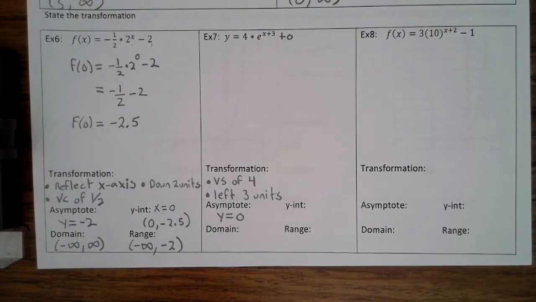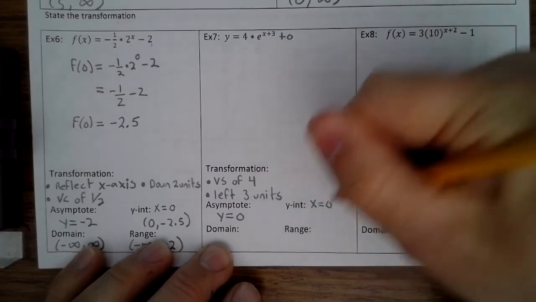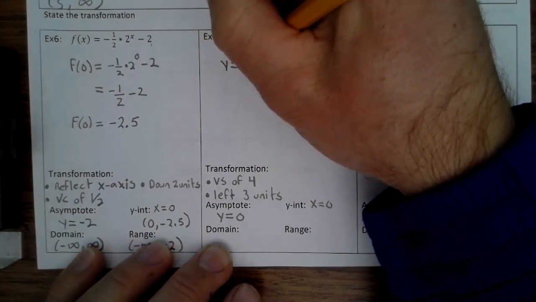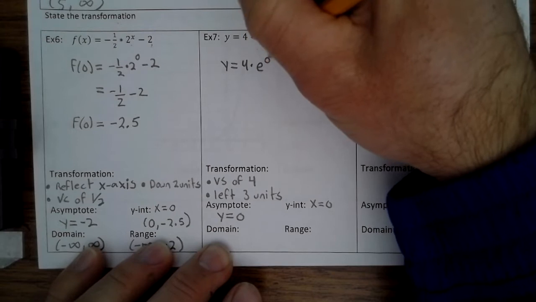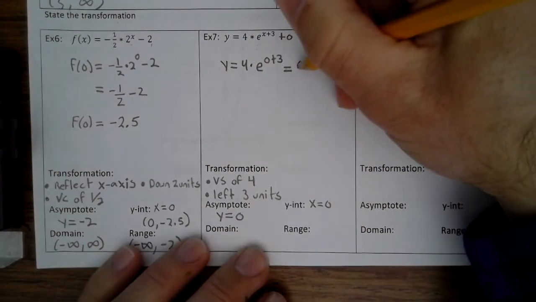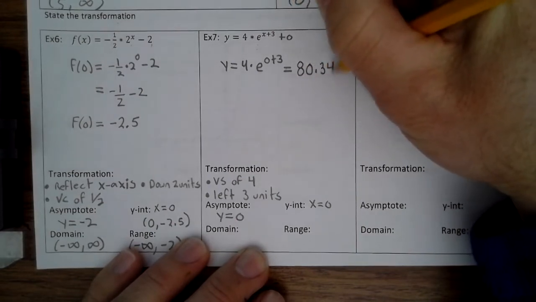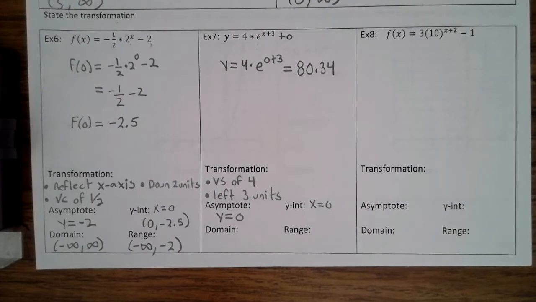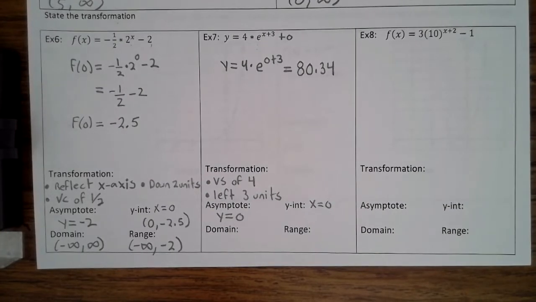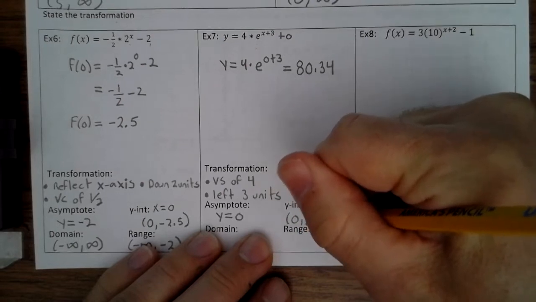Now, for the y-intercept, it's when x equals 0. So y equals 4 times e to the 0 plus 3, which equals 80.34.